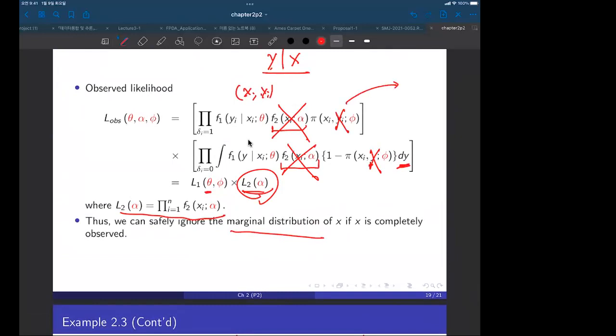So MAR means you can remove the dependency on Y here.